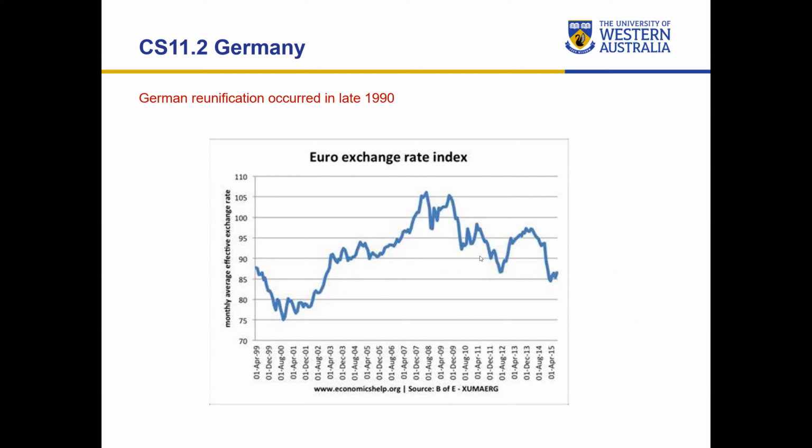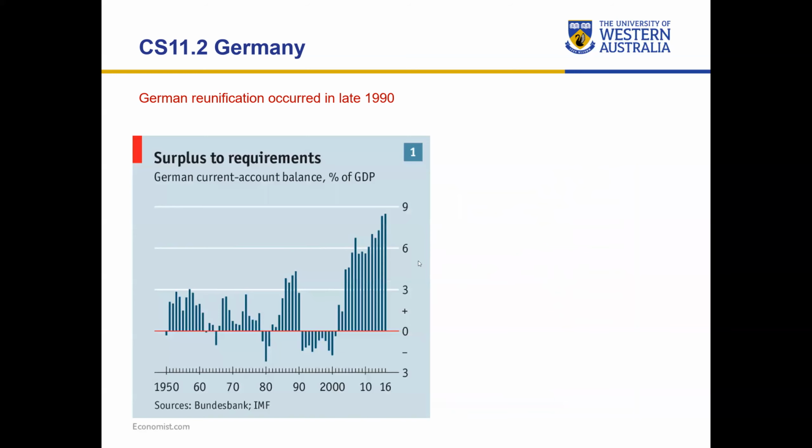Governments got into trouble with high debt levels, and the euro really did weaken as a result of the European debt crisis after the global financial crisis in 2008, 2009. So this depreciation of the exchange rate here is consistent with, if we look at about 2009, this surge in the current account surplus to even higher levels.